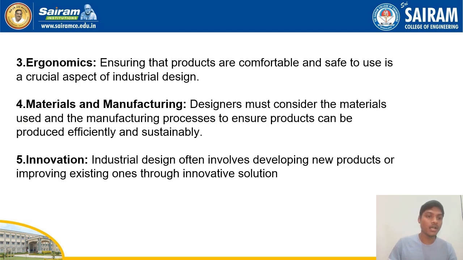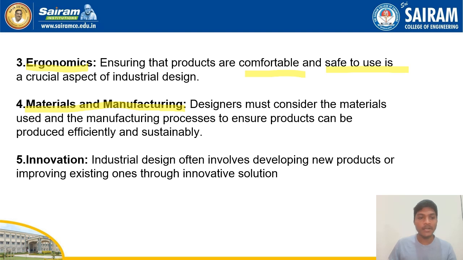The third is ergonomics. What does ergonomics mean? Ensuring that products are comfortable and safe to use is a crucial aspect of industrial design. The design we create must be comfortable and safe for the end user. Now, materials and manufacturing.